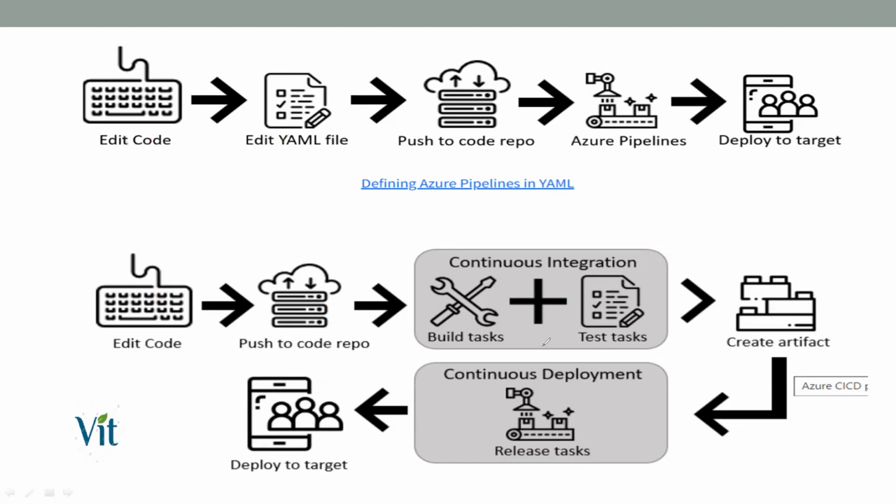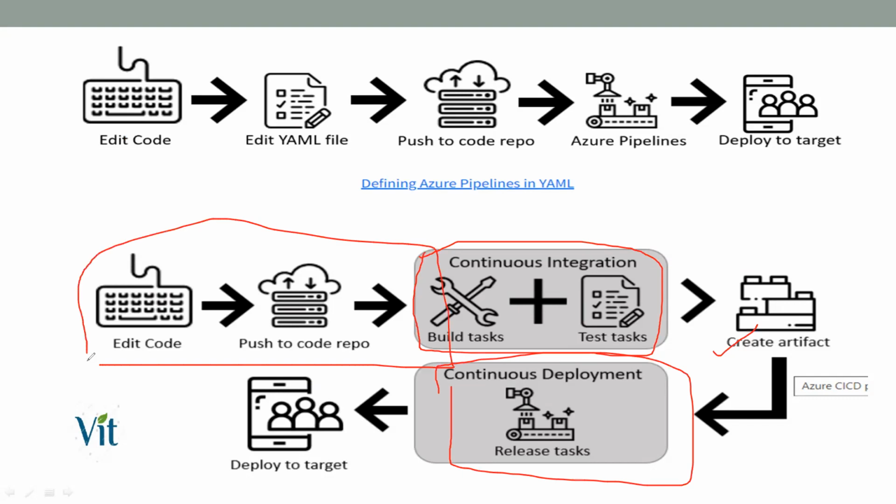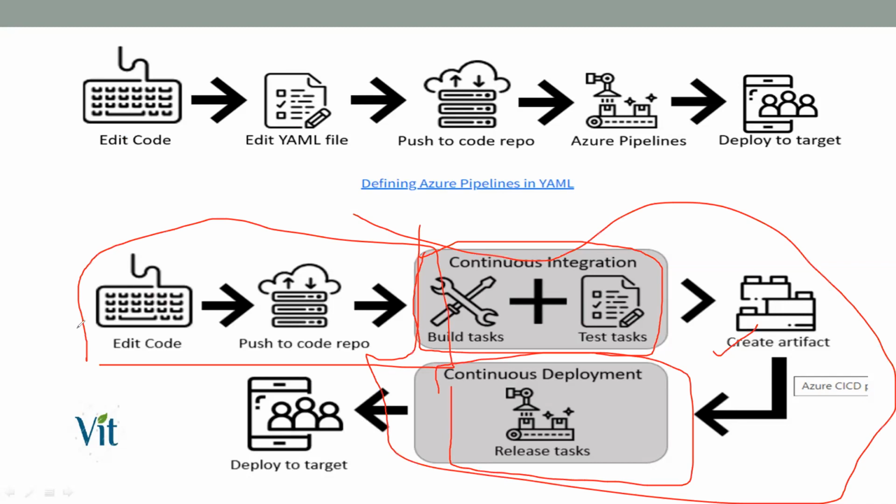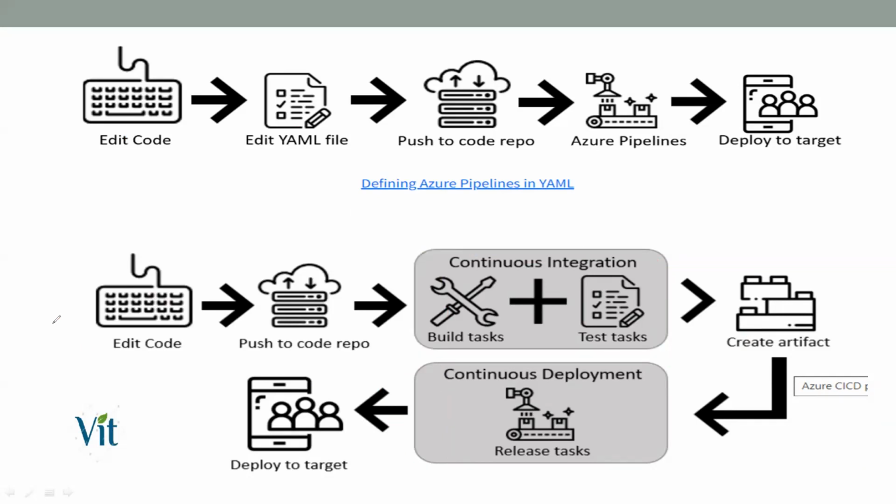So here is continuous integration: it is going to build the task, test the task, and create the artifacts internally. Then it is going to deploy, which is continuous deployment. Up to this part, we are going to work. The rest is an automated process. How to automate this is what we are going to see today.